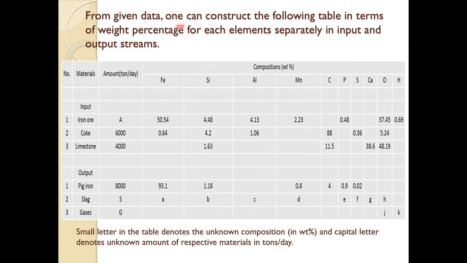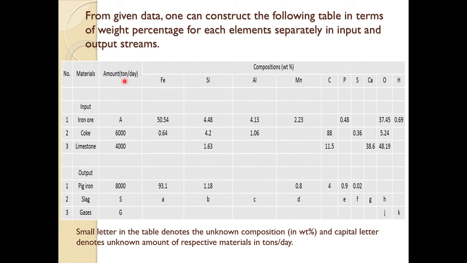So, from this data construct the following table in terms of weight percentage. Here you put the material input. Input is iron ore, coke, limestone, and output is pig iron, slag and the gases.